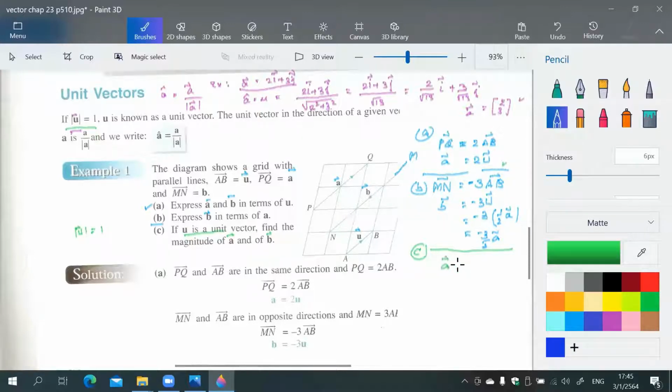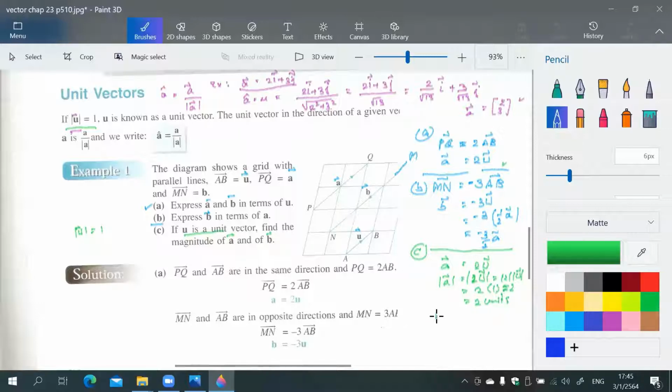From question A, vector A equals 2 vector U. So the length of vector A is the length of 2U, which we write with absolute value. The absolute value of 2 is 2, and the length of vector U equals 1. So the answer is 2 units.